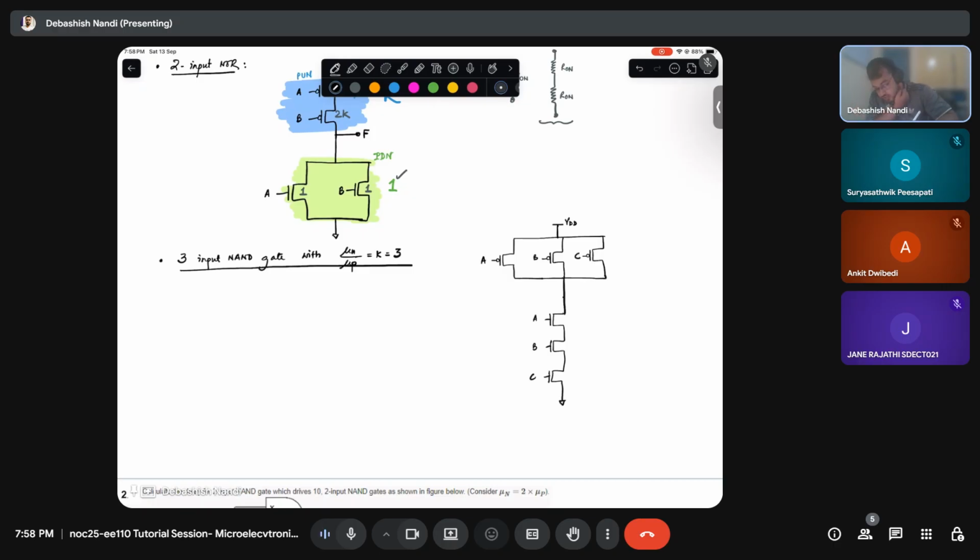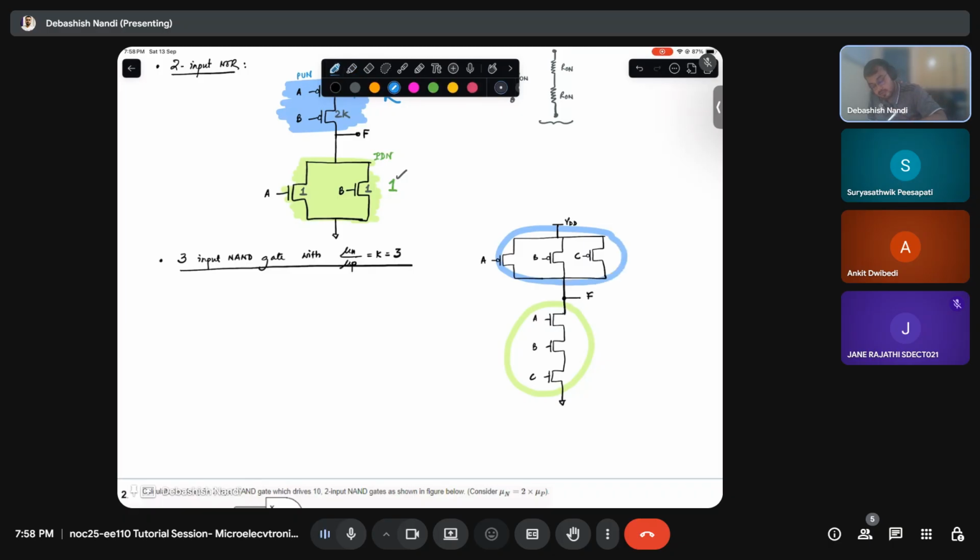So can you tell me what should be the sizing? Again, first thing, what is the overall size should be of PDN?